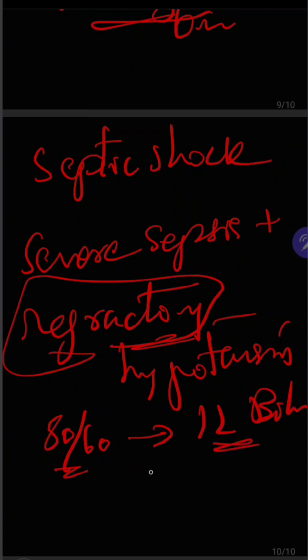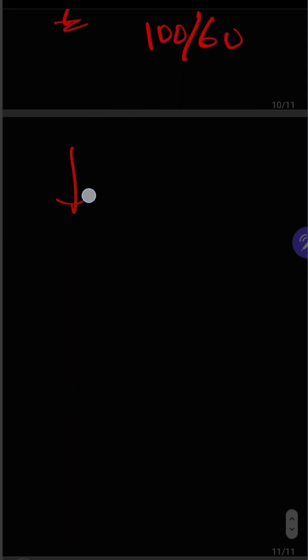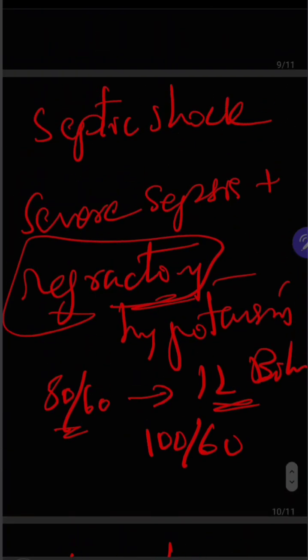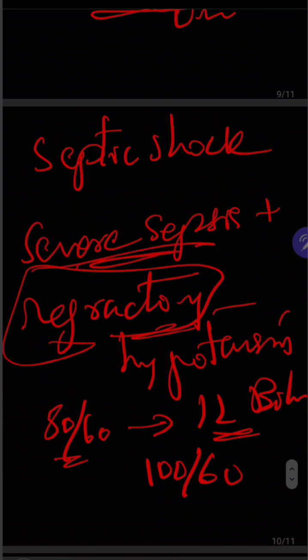Now the BP increases to, let us say, 160, and again after some time it falls down to 80/40. So despite giving fluids, if the patient is not maintaining BP, or is still in hypotension, that is called refractory hypotension. So septic shock is severe sepsis plus refractory hypotension.